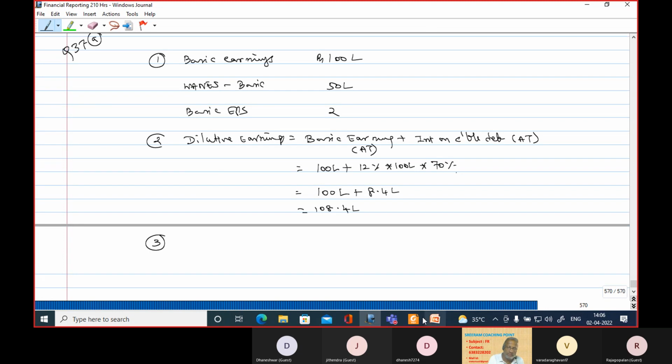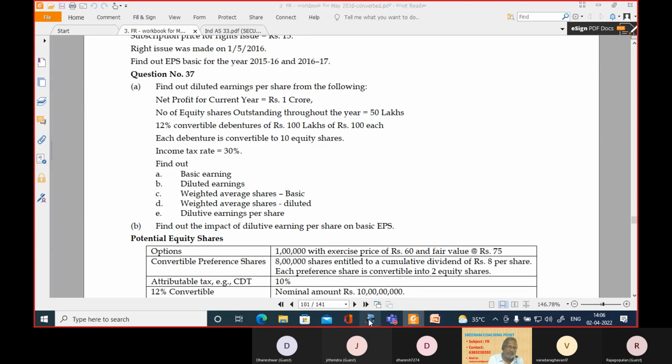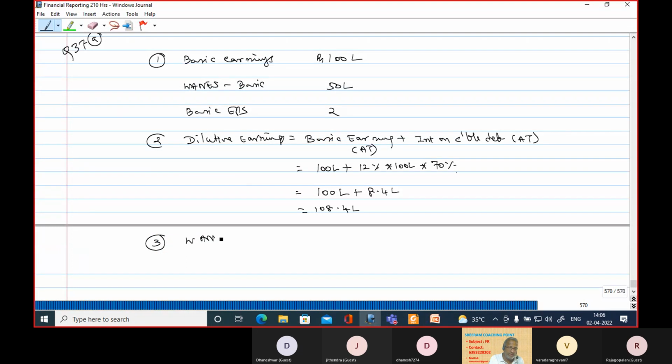Number 3, weighted average number of equity shares 50 lakhs. Number 4, weighted average number of equity shares dilutive, which is equal to basic plus potential equity shares.